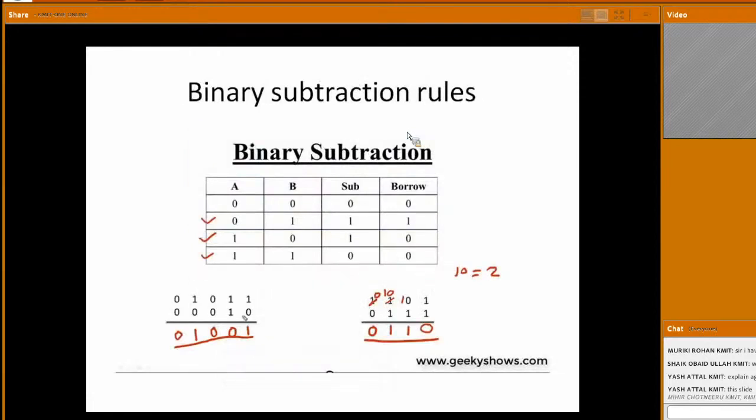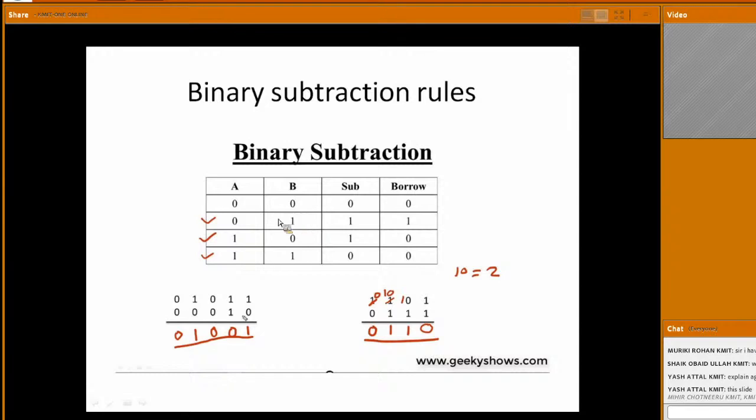In the same way, let's see how to perform the binary subtraction just by using the minus operator. Anyway, we don't use this, we just need to know what the rules are. When you subtract a 0 from 0, the result is 0 and it gives a borrow of 0.